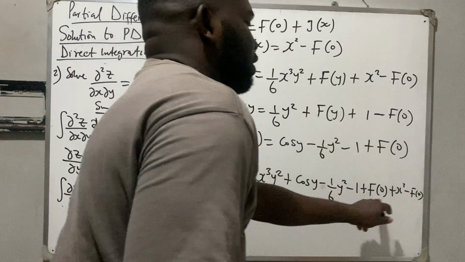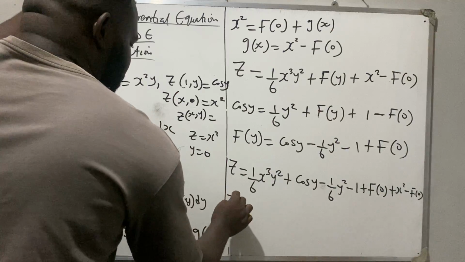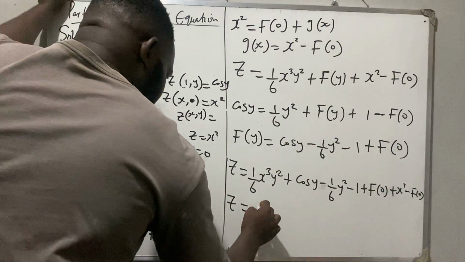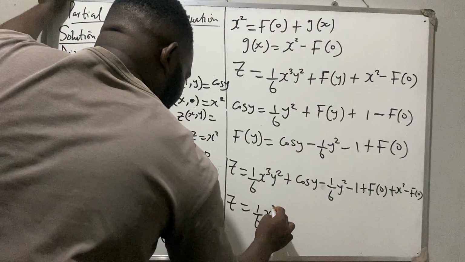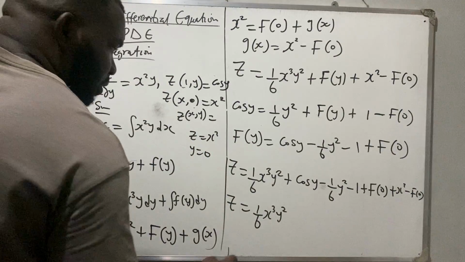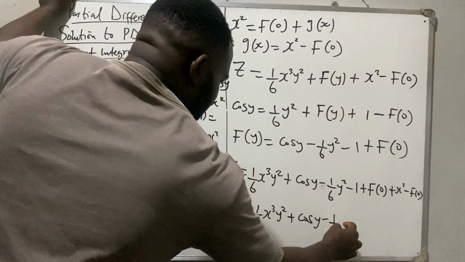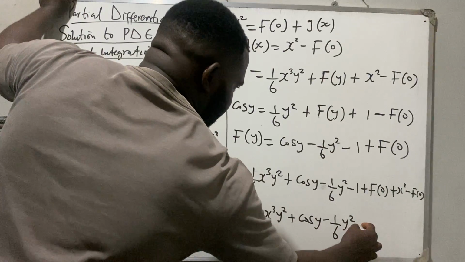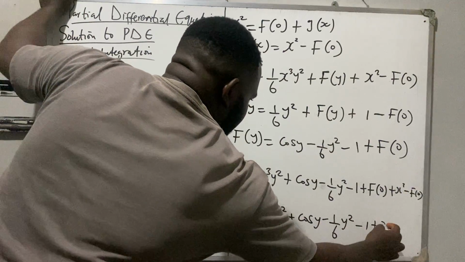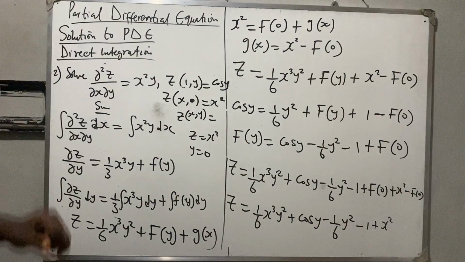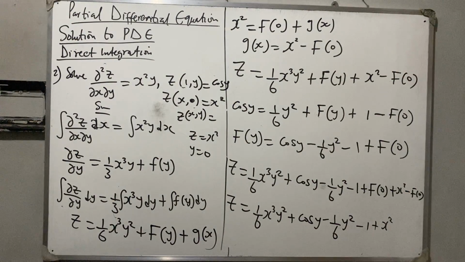So F of 0 takes care of F of 0. I'm left with z is equal to 1 over 6 x raised to power 3 y squared plus cos y minus 1 over 6 y squared minus 1 plus x squared. And that is the final answer for that particular question.